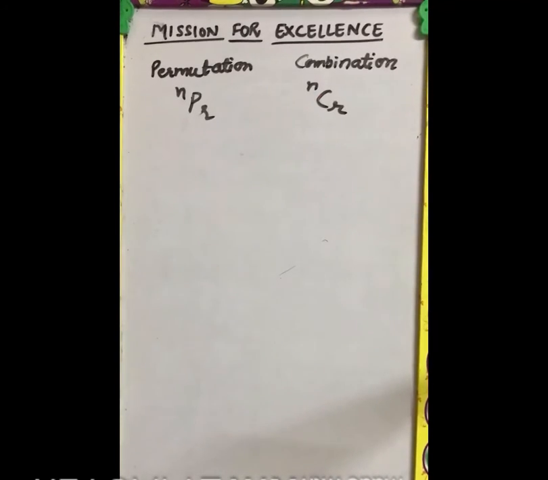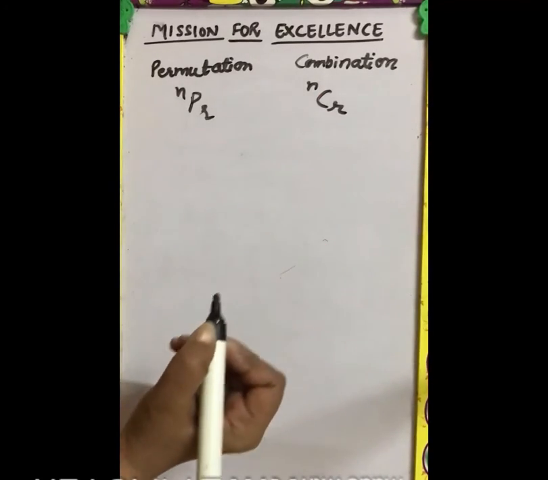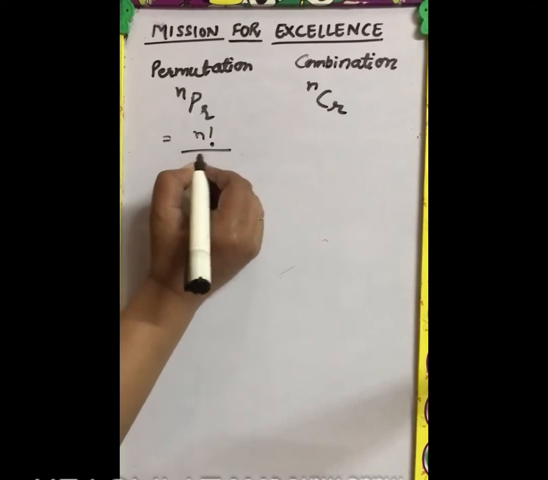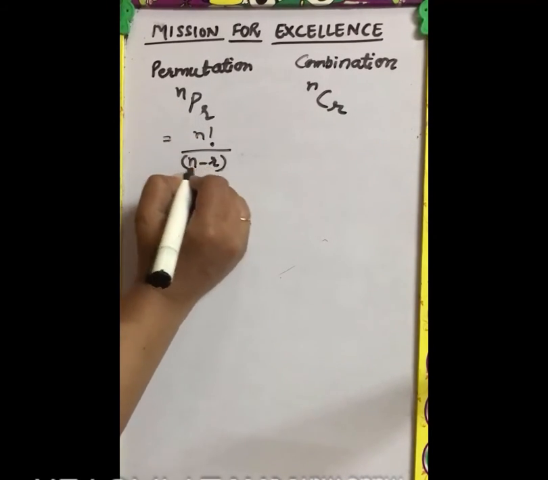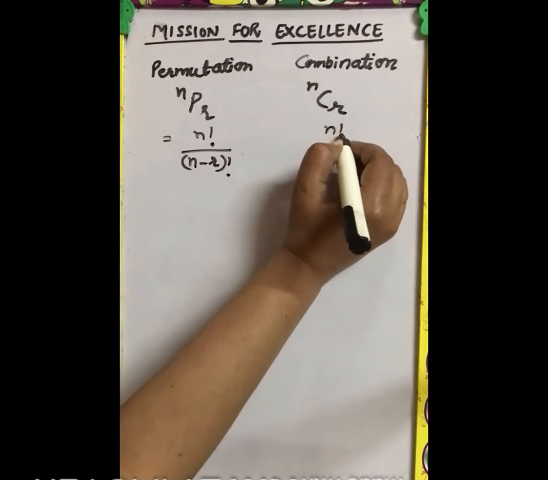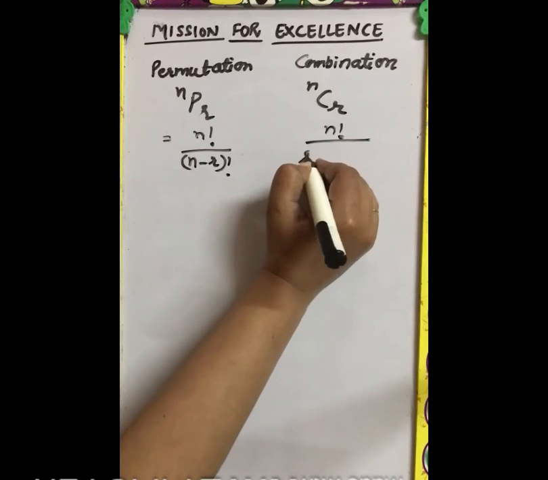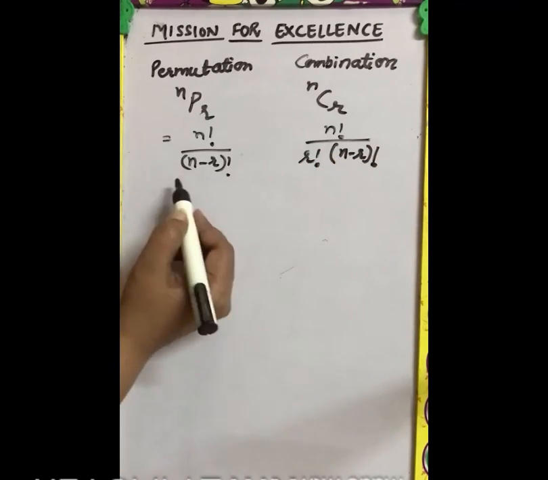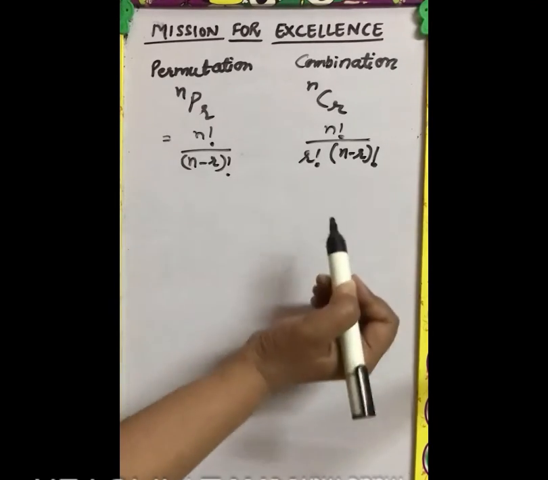Now let us write the value of nPr and nCr. So nPr is written as n factorial upon (n minus r) factorial and nCr is written as n factorial upon r factorial and (n minus r) factorial. So there is a difference of this r factorial in both cases.